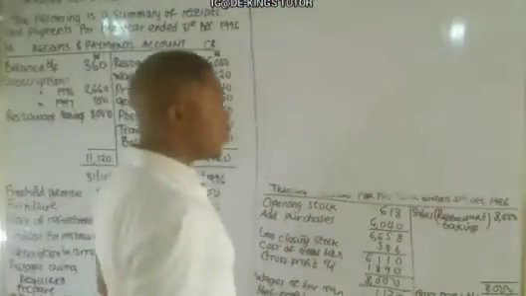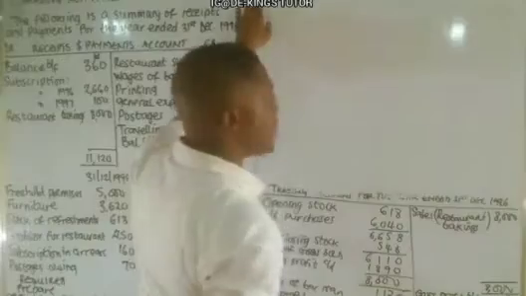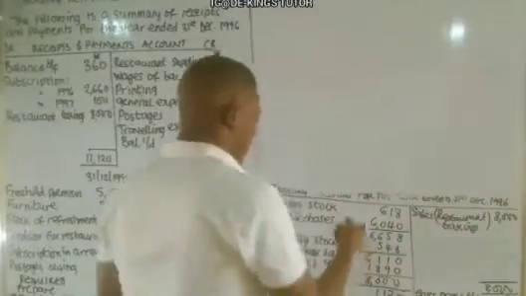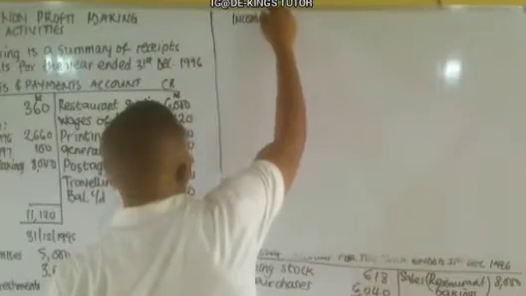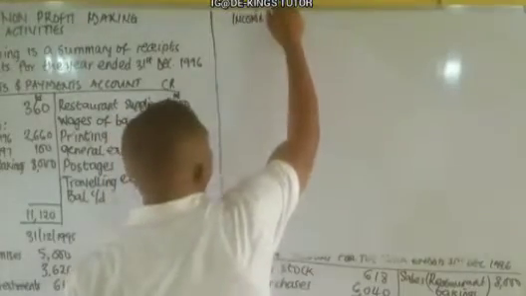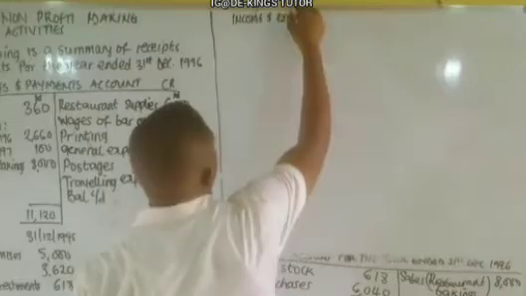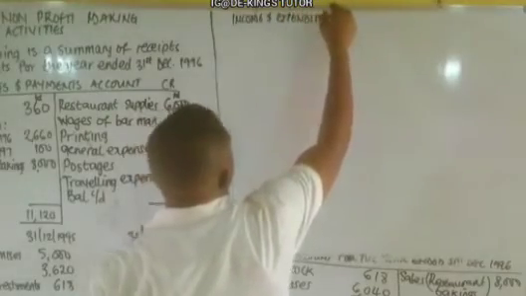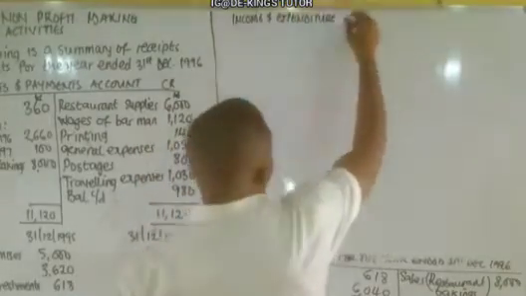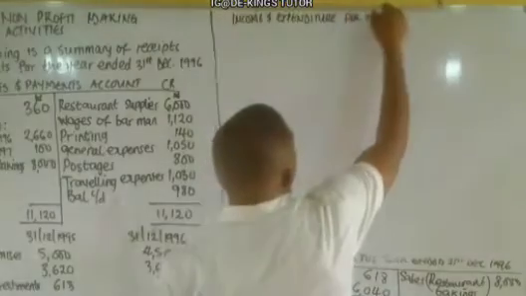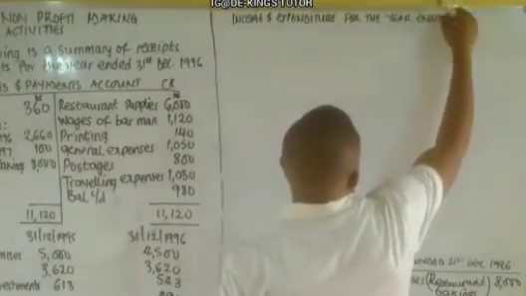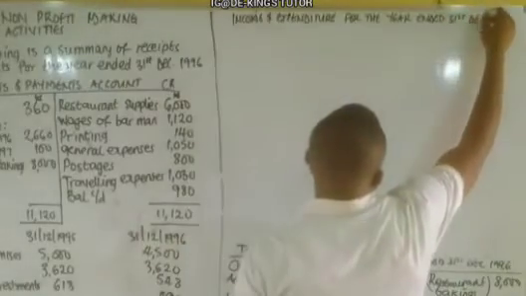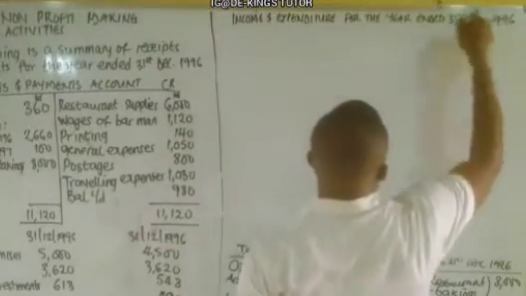Okay, so if we do this now, our income and expenditure for the year ended 31st December 1996.